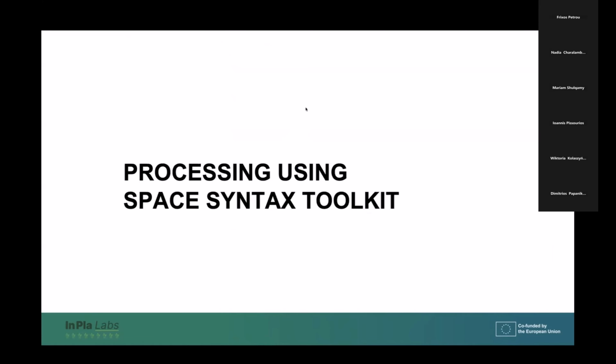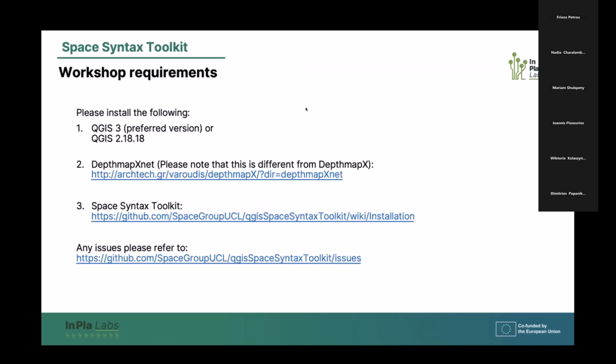So now we move to the next point, which is processing using the Space Syntax Toolkit. And what I mean by processing is analyzing or creating spatial analysis using the Space Syntax Toolkit. Basically, what you need to perform this kind of analysis is to install the QGIS software as well as the DepthmapXNet software. And please note that this is different from DepthmapX.